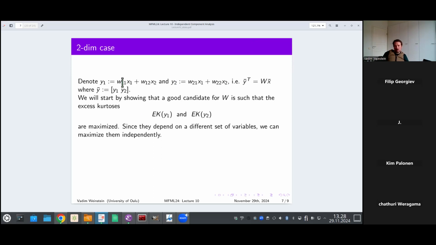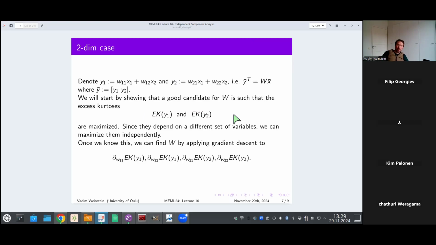Our variables are w11, 12, 21, 22. So this depends on w11 and 12, and this depends on w21, 22. So they depend on different sets of variables. So we can maximize them independently of each other completely. We can just assume that we're looking at one of them at a time.